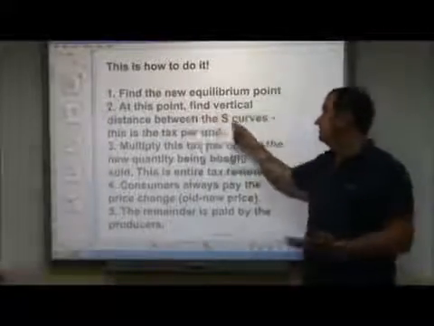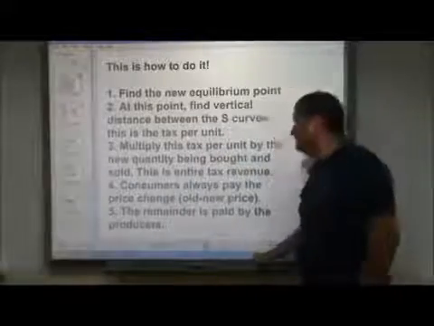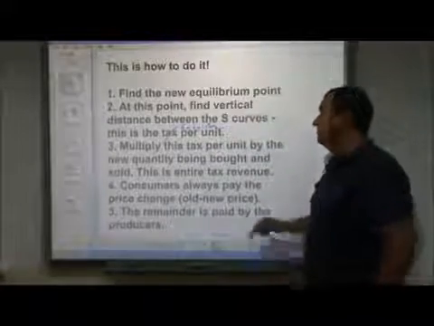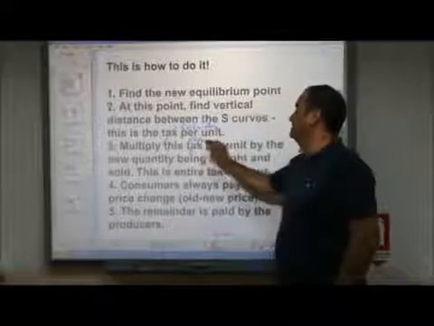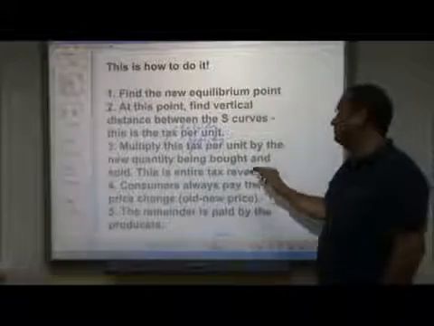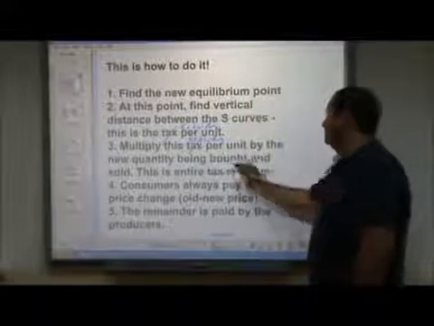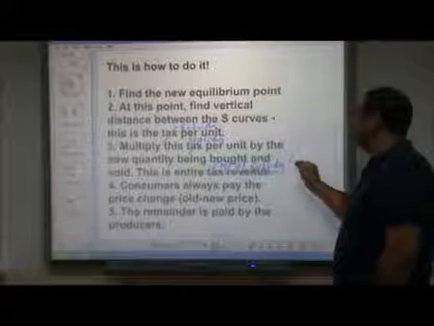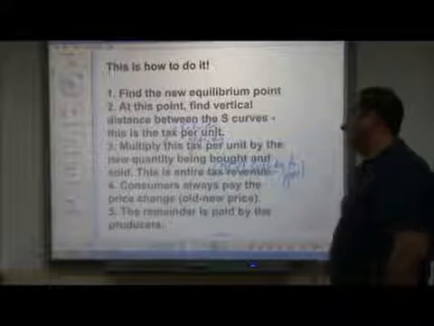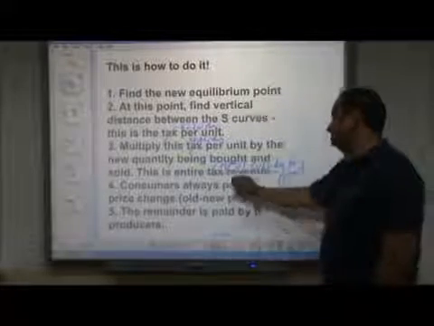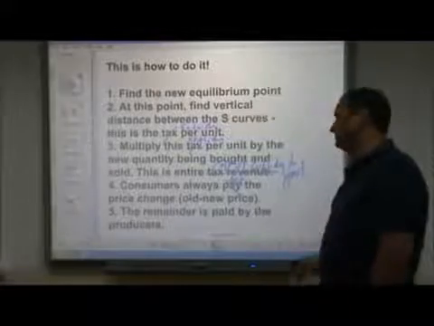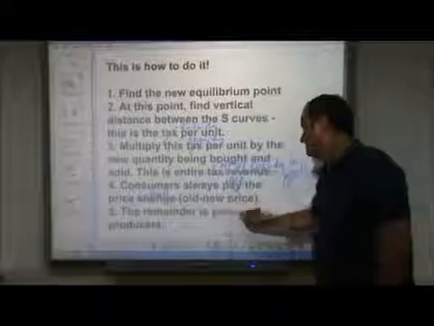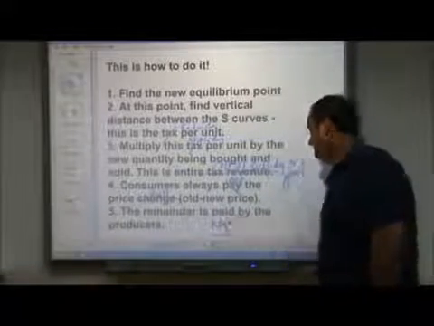Find the vertical distance between the S-curves, that is the subsidy per unit. Multiply this subsidy per unit by the new quantity being sold, that is the entire cost of subsidy to government. Consumers always get the price fall, and the remainder is kept by the producers.